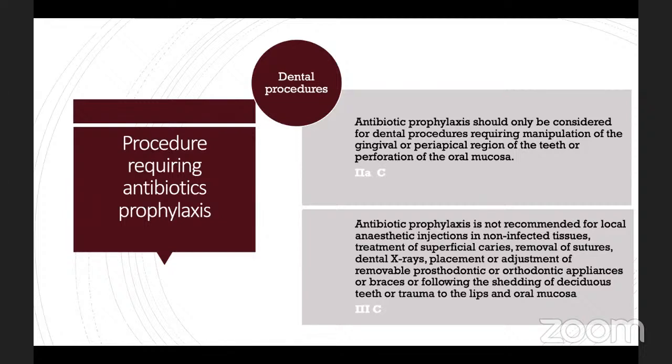Antibiotic prophylaxis is not recommended for local anesthesia injection in non-infected tissue, treatment of superficial caries, removal of sutures and dental X-ray, placement or adjustment of removable prosthodontic or orthodontic appliances or braces, or following the shedding of deciduous teeth or trauma to the lip and oral mucosa. It's class 3C.